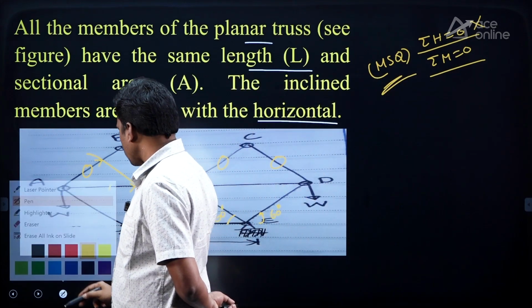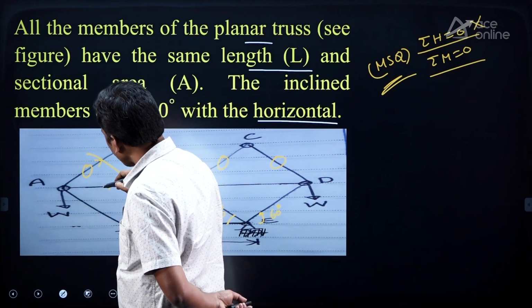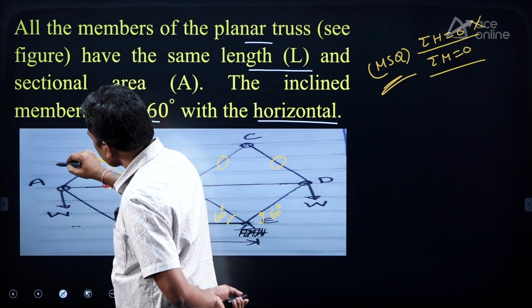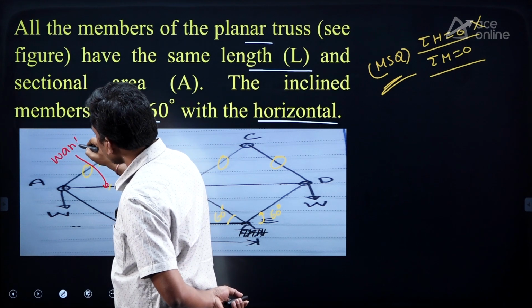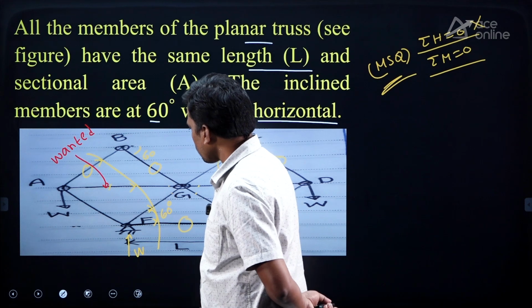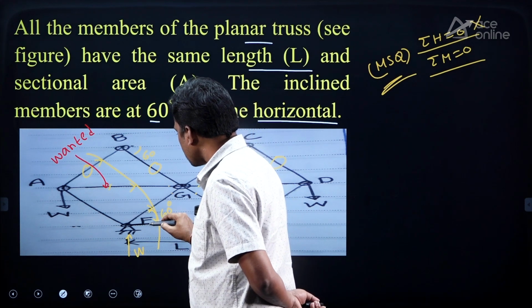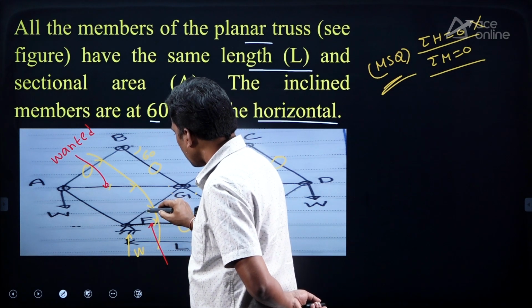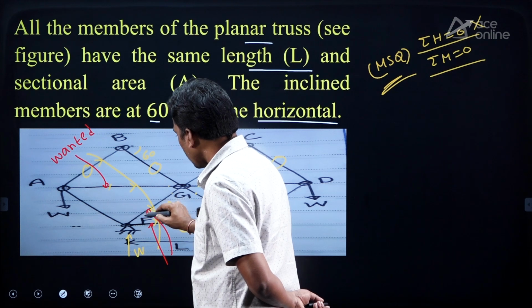Wanted and unwanted member concept we have to follow. Okay, so which one is wanted member? We have to find the force in this member, right? Now this is wanted member. Okay, and remaining cut members are unwanted members. Now this is unwanted member and this is also unwanted member.